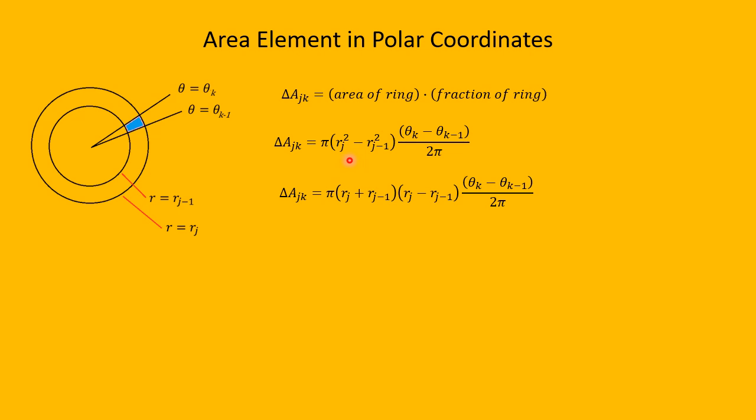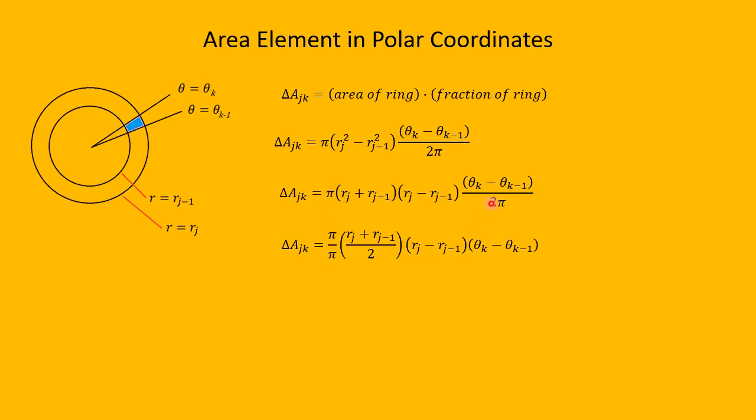So now what we can do is write this difference of two squares as the sum of the two numbers times the difference of the two numbers with that pi outside, and we'll just leave this fraction the way that it is for the time being. And then let's take out this pi from this denominator and put it out here, dividing this pi by pi.